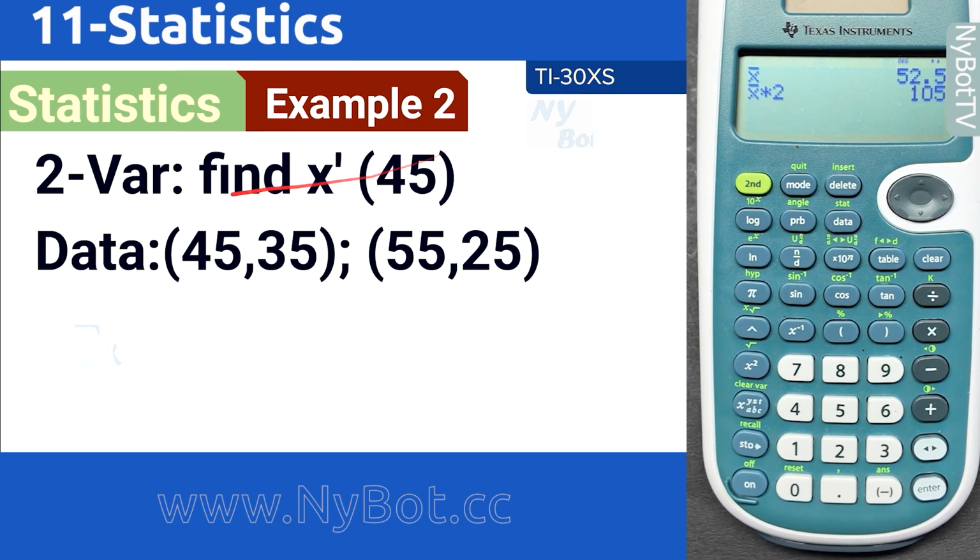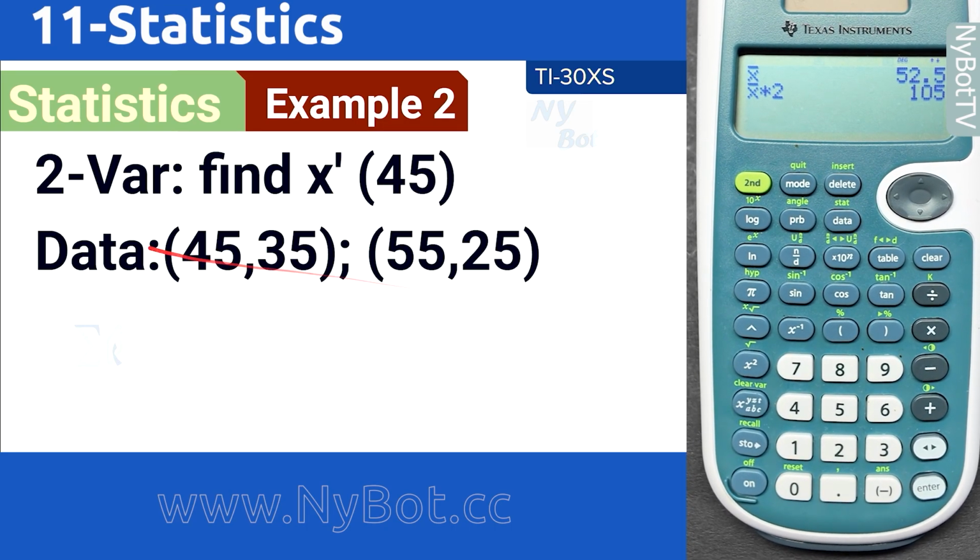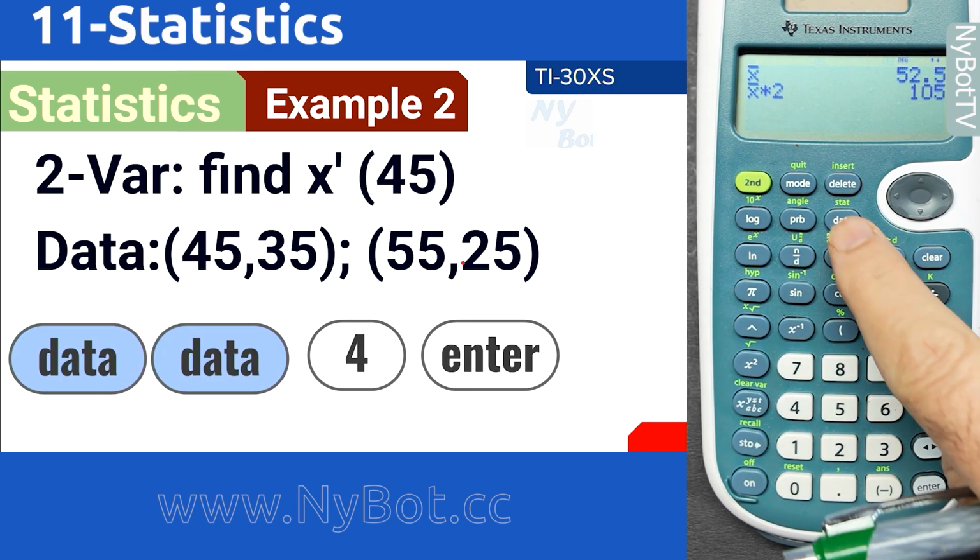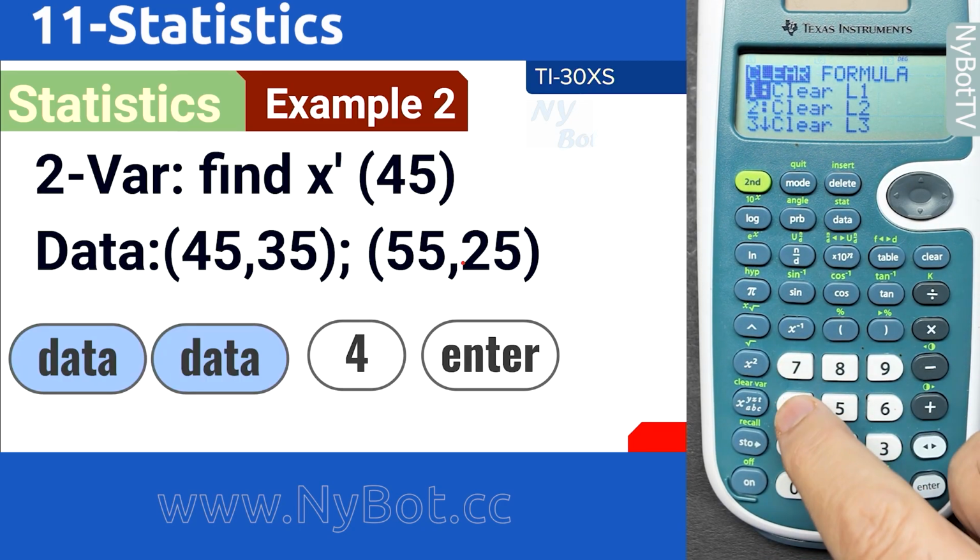Now this is example 2. We are in 2 variable. We want to find x prime at 45. These are our data, 45, 35. This is one value, this is x or y, and this is another x or y. So let's press data 4.